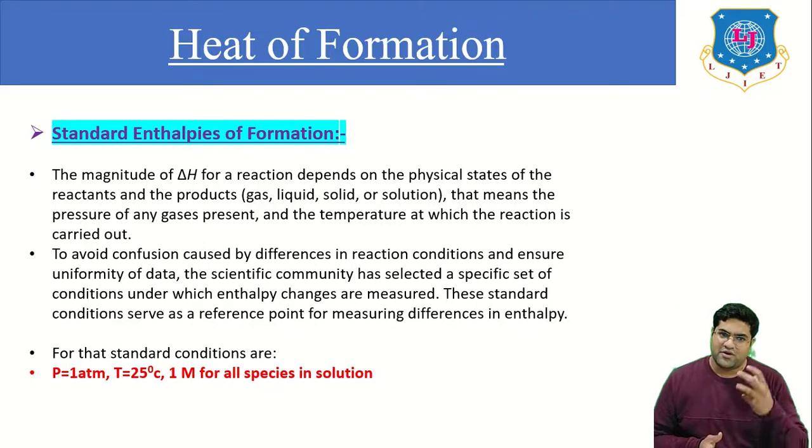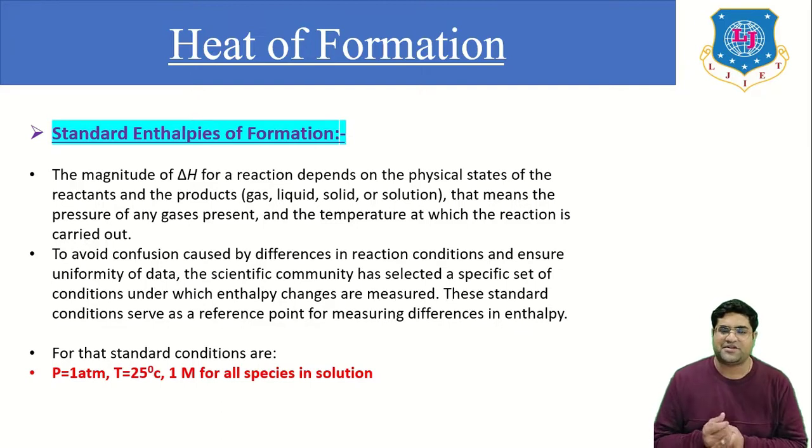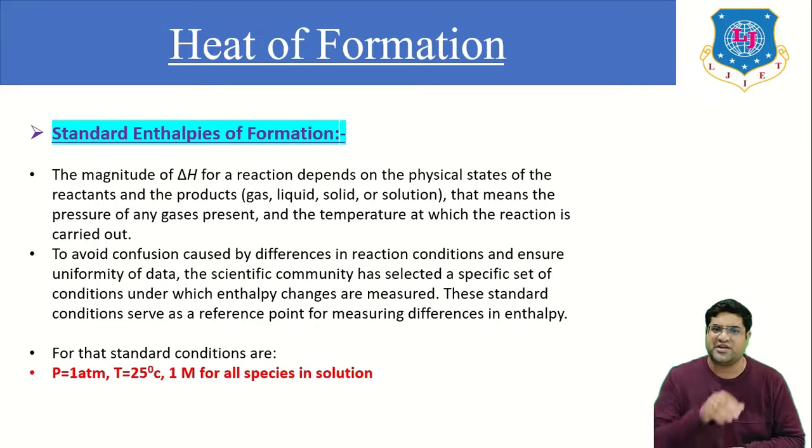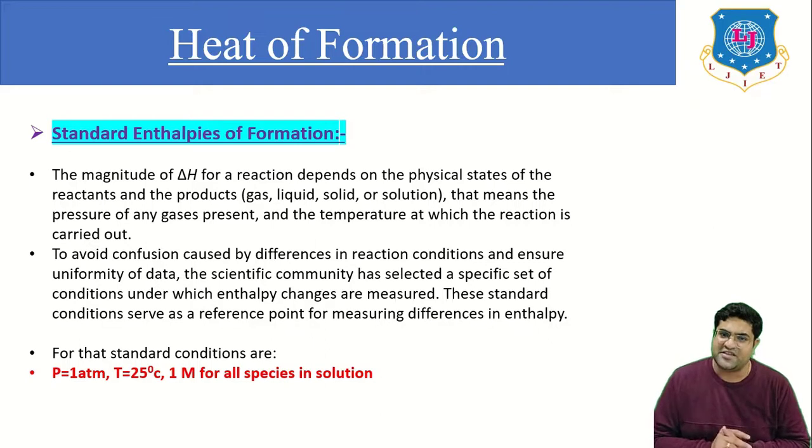So for all the elements we have made one reference point through which we are going to measure the heat of formation. Similarly, as earlier we discussed in chapter number 1, we always take atmospheric pressure as 1 bar, that is our reference line, and above the atmospheric pressure we consider the gauge pressure. So all the devices which work above the atmospheric pressure, we call it gauge pressure. So the atmospheric pressure is the reference line.